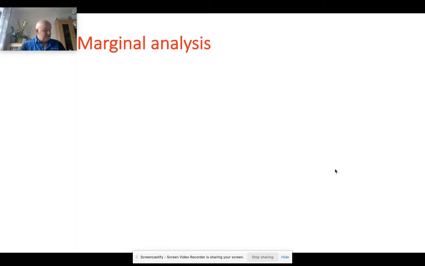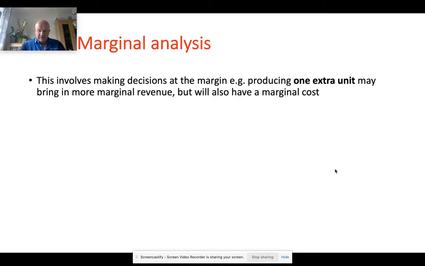Now, we keep coming back to this principle of marginal analysis once again. Essentially we're looking at decisions that have been made at the margin. Producing one extra unit may bring in more marginal revenue, but it may also have a marginal cost, which is nothing new. We've been talking about that for quite some time.